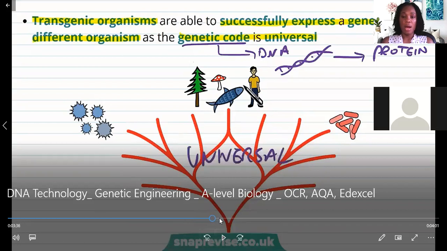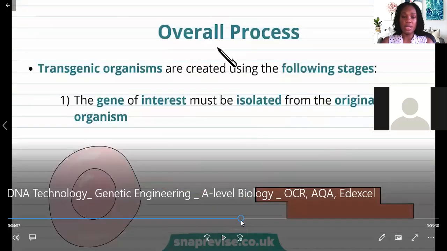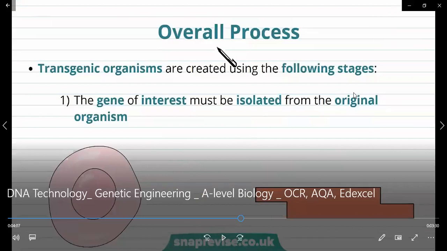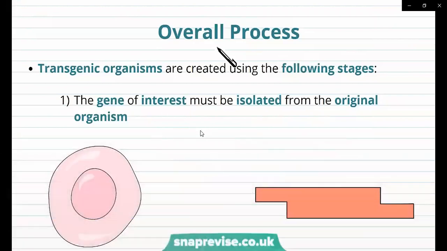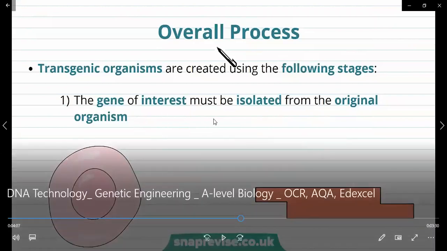And the next thing was what exactly is the overall process of how it is done. Now, this is the interesting part, and I want you to pay close attention to this, and I'll go through it another time. When you want to genetically modify an organism, there are some steps.